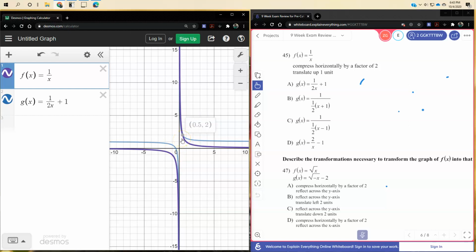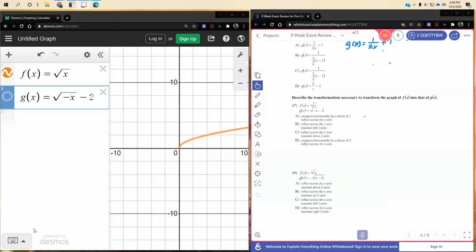So the answer is A. So let me write down: g of x is equal to 1 over 2x plus 1. That plus 1 is going to shift it up 1 unit, and that 2 in the denominator is going to make it compress horizontally.